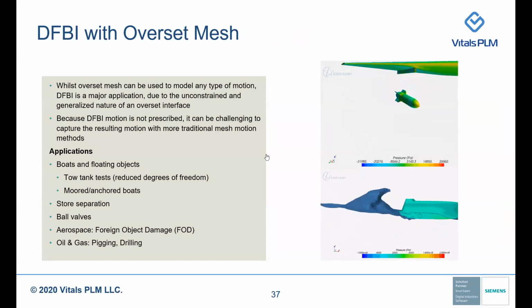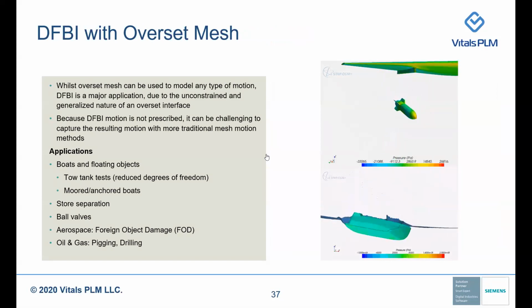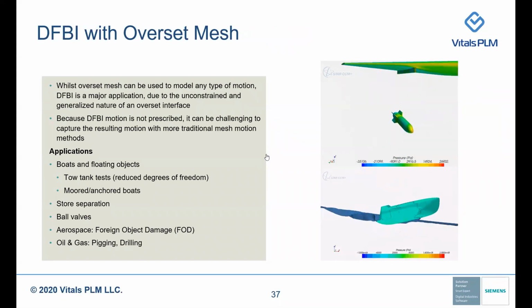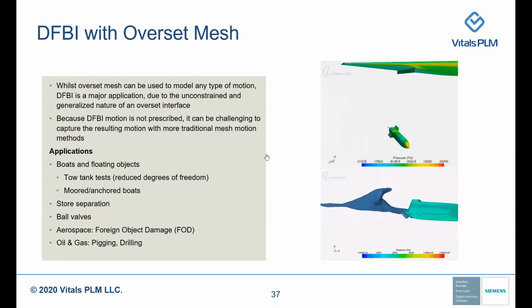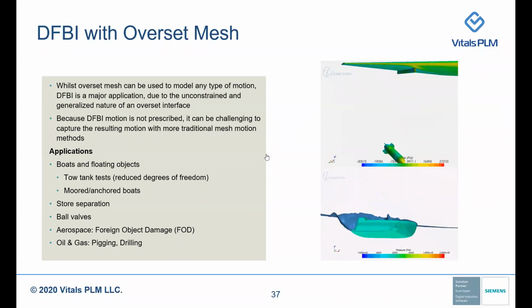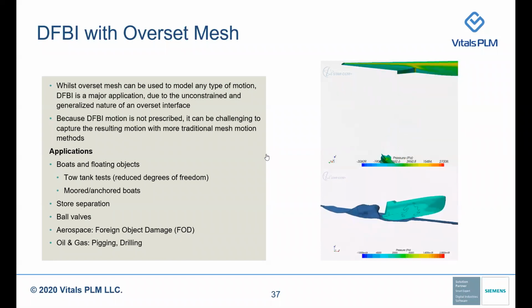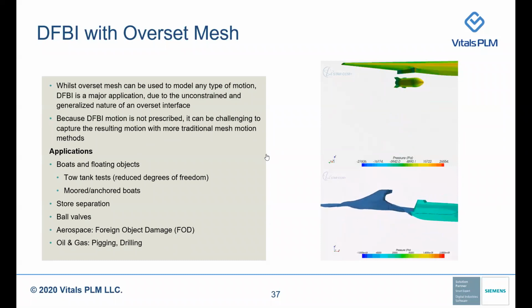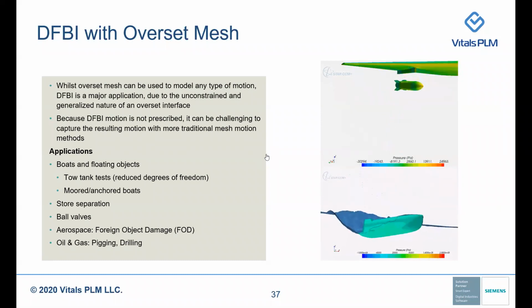So there are applications where both Overset and DFBI can be used. In this example, we see one example from the aerospace and another example from the marine industry. The store, which is separated, is modeled as a DFBI body, and the motion is modeled using the Overset.